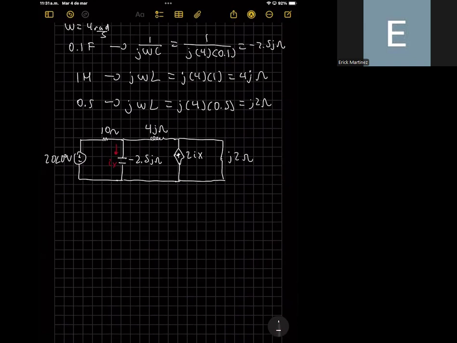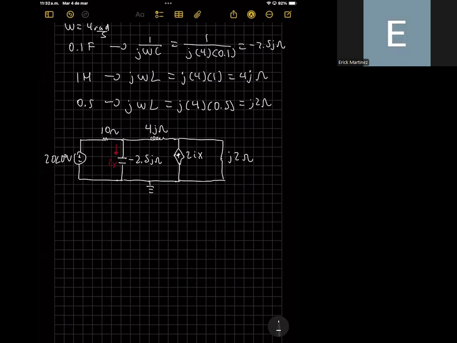Okay, so now one of the important aspects is that we need to define the nodes of the circuit. One of the important nodes in any circuit is the reference node. Typically, the reference node is the node in which the negative terminal of the voltage source is connected, and we denote the reference through this symbol.